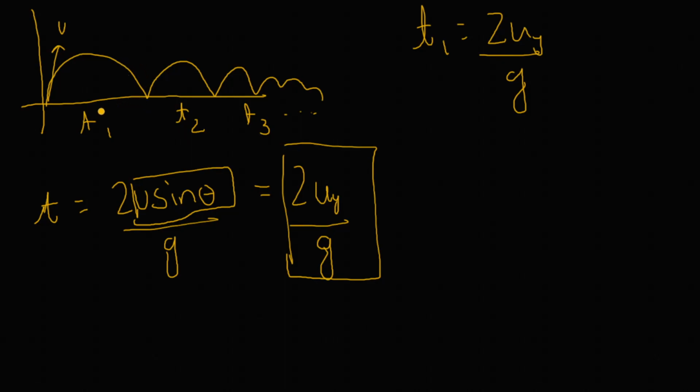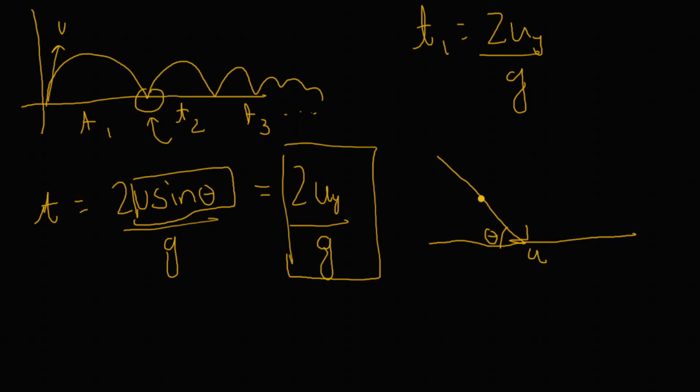Now after t1 the projectile reaches this area, and let us look at that collision carefully. This is the floor, and we know that it's going to hit back at the same velocity it was launched at, at the same angle, but just going downwards.